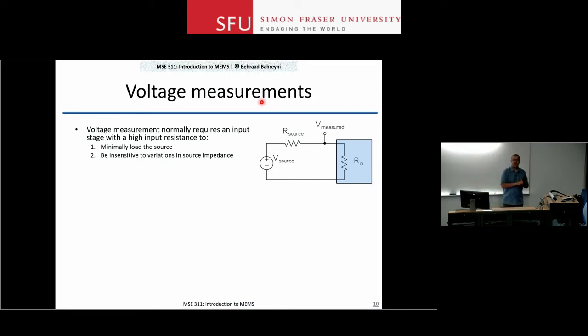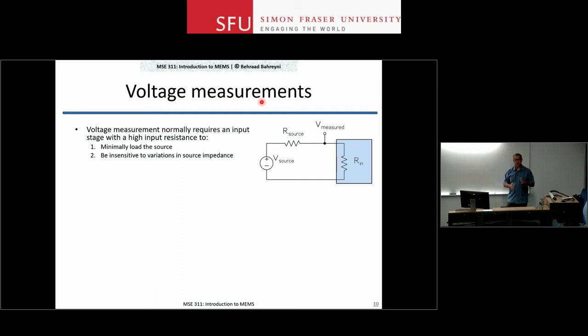If I use an R in that is 1 mega ohm, then that ratio V measured over V source at worst is going to be 0.9, at best it's going to be 0.99. I'm going to have a 10% error in V measured when R source changes by a factor of 10. If you make R in 10 mega ohms, your error in V measured will be only 1%. If you make R in 1 giga ohm, changes in R source don't really matter practically anymore.